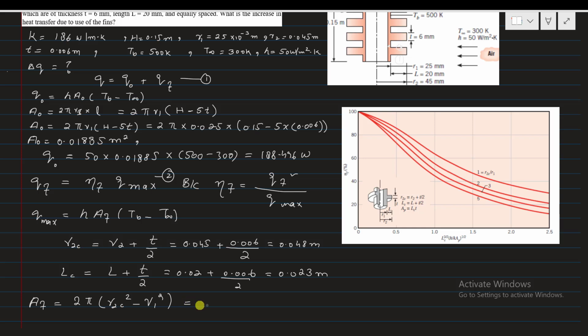We just put the values now. So there is 2 pi. What is R2C? That is 0.048 square minus r1 square, that is 0.025 square. So after simplification, you will get its value, that is 0.01055 meter square. This is the surface area of the fin.